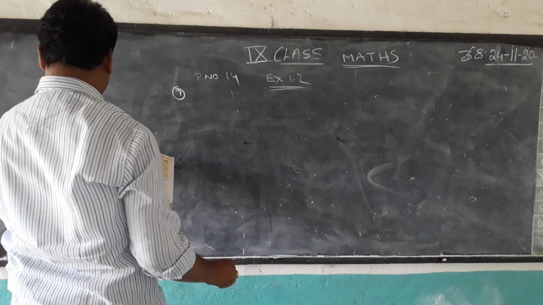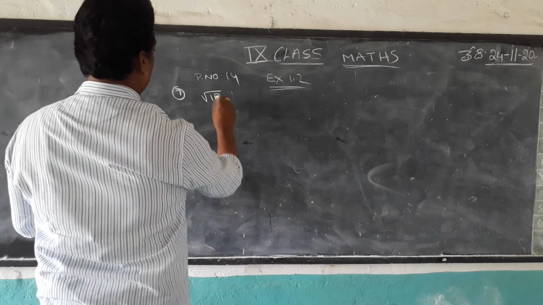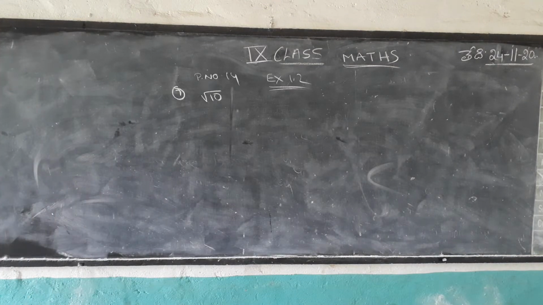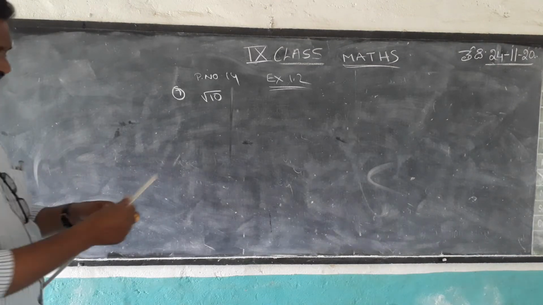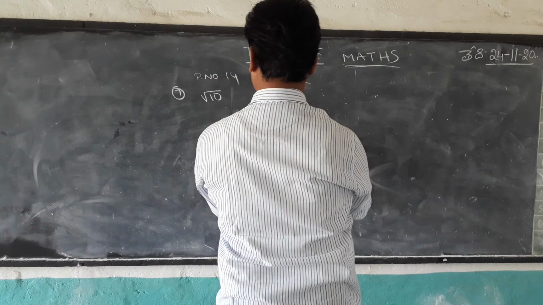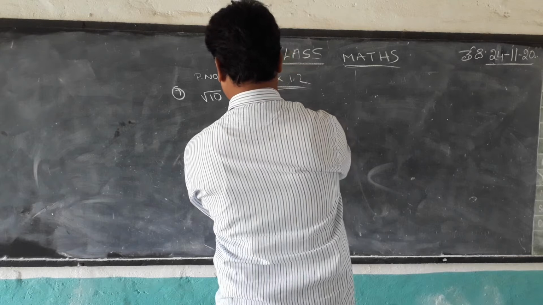Locate root 10 on number line. First we draw a number line. Take a scale and pencil. First you draw a number line.